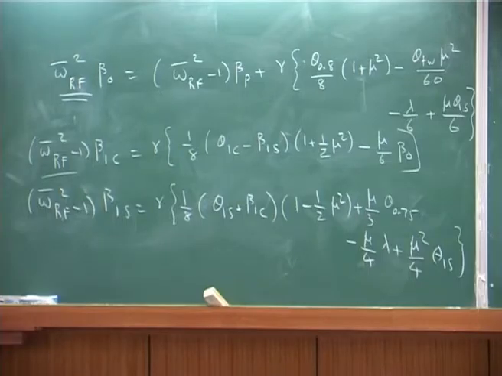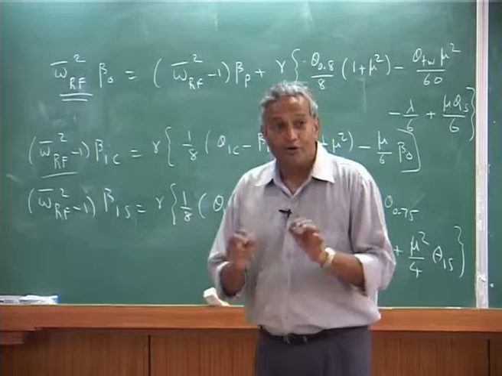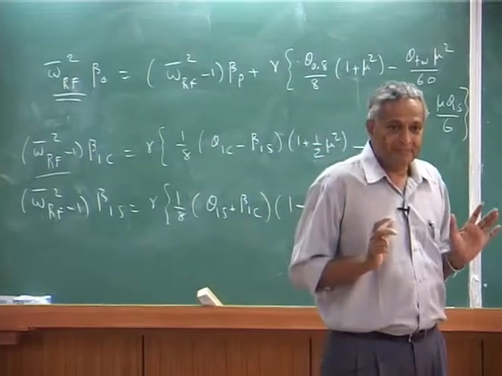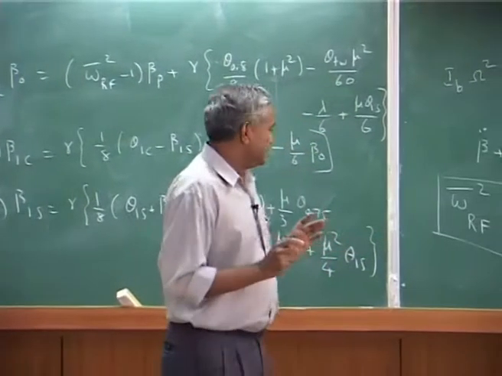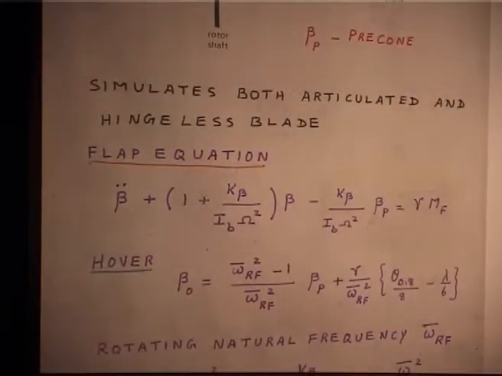Now, if you take the hover case, because I am coming to the simple flight condition, which is the hovering flight condition, then you set mu as 0. If you do that, let us look at only the beta naught part, that is the coning.